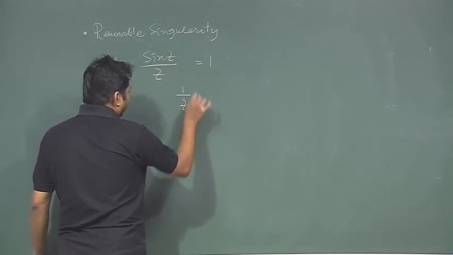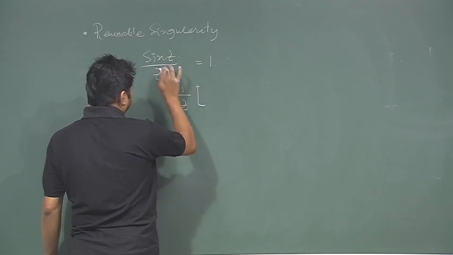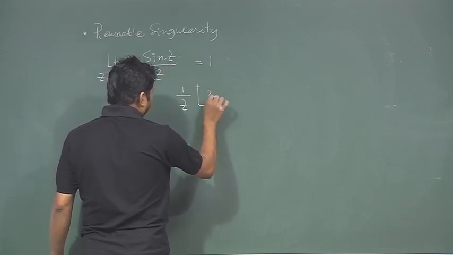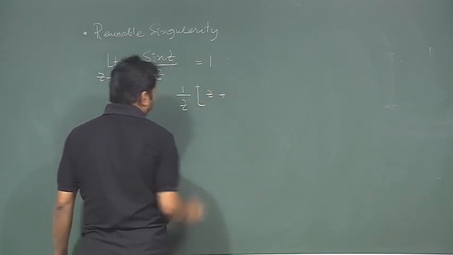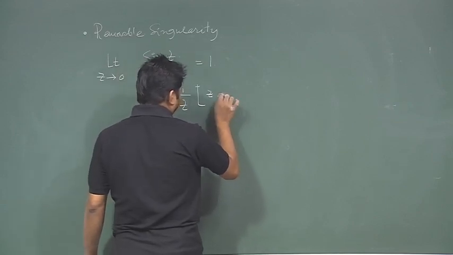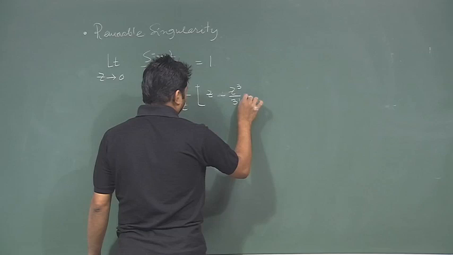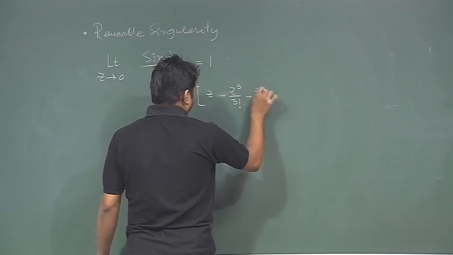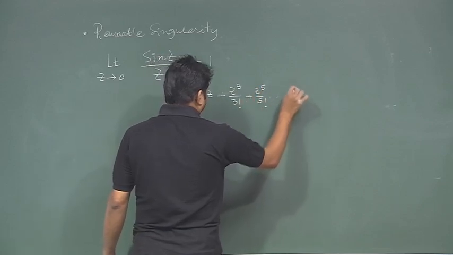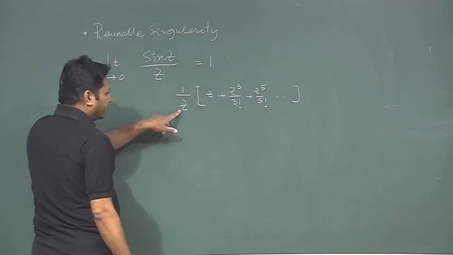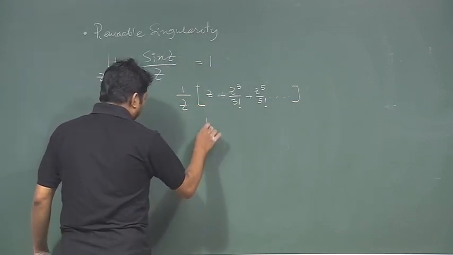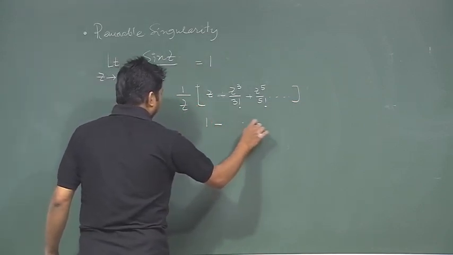I can do that by expansion of sin z. Sin z is z minus z cube by factorial 3 plus z to the power 5 by factorial 5 and so on. Since 1 by z is here, if I put it here, it will be 1 minus the other terms.